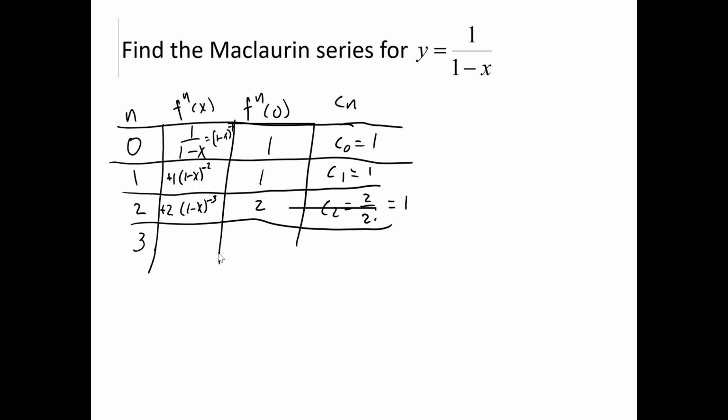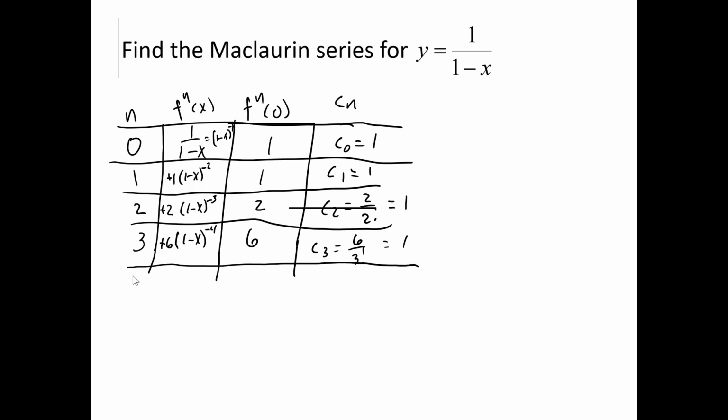When n is 3, you're going to get negative 6 times 1 minus x to the negative 4 times the derivative of the inside, which makes that a positive 6. So this is 6, which is the same thing as 3 factorial. You can see that you're just going to keep bringing down these exponents and you're going to keep getting the factorials. So then C3 is 6 divided by 3 factorial, which is also 1.